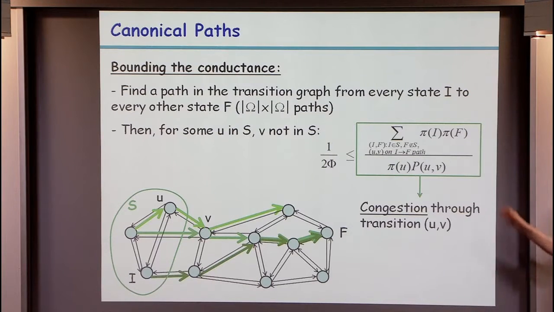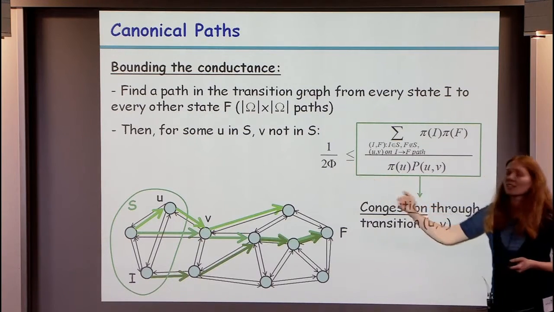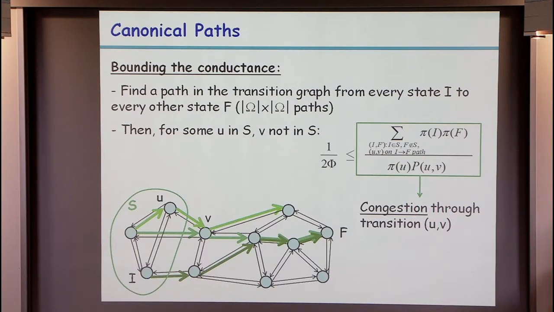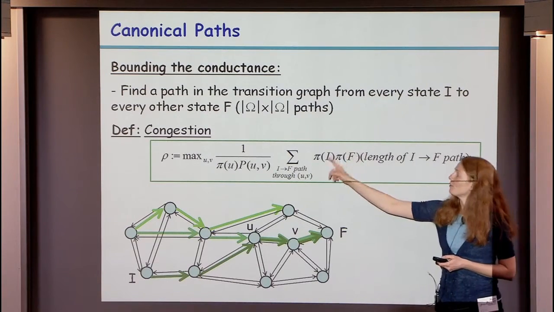Okay? Now, this analysis, because of the relation of the conductance and mixing time being kind of like a square, this can actually be improved. So I'm not going to use this definition of congestion. I'm going to use a slightly improved definition of congestion due to Alistair Sinclair. And it's kind of the same thing that we had before.